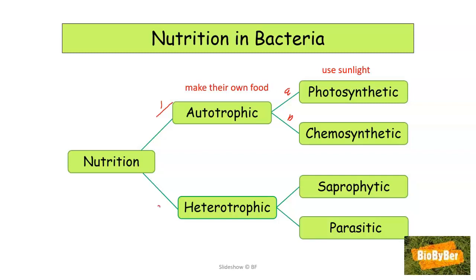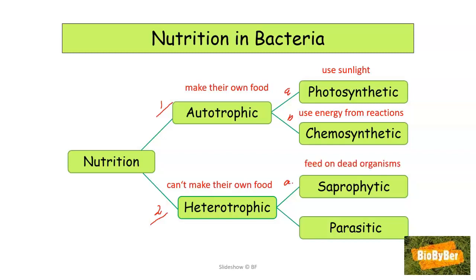The second type of nutrition is heterotrophic nutrition, where the bacteria can't make their own food. And there are two types of heterotrophic nutrition: saprophytic nutrition, where the bacteria feed on dead organisms, and parasitic nutrition, where the bacteria feed on living organisms.